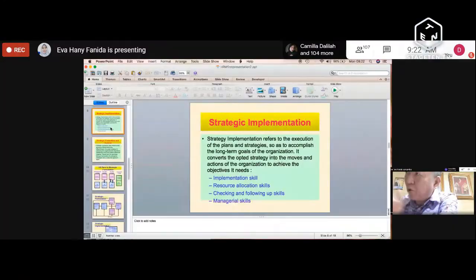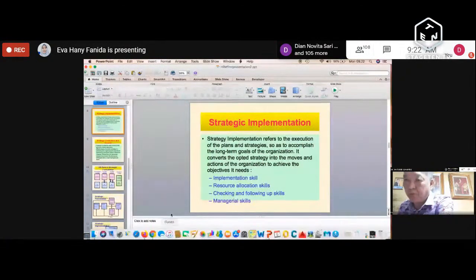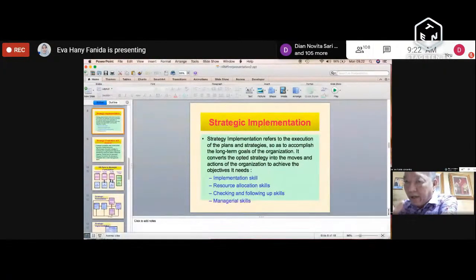I might go to the point, how to operate or implement the strategy successfully or not. I think it depends on the leadership style. So the leader is very important. You have the skill, and you can fully implement the strategy in the correct way.